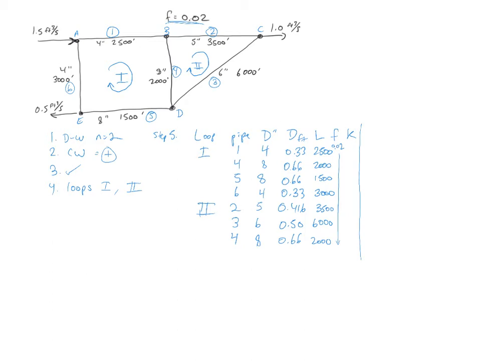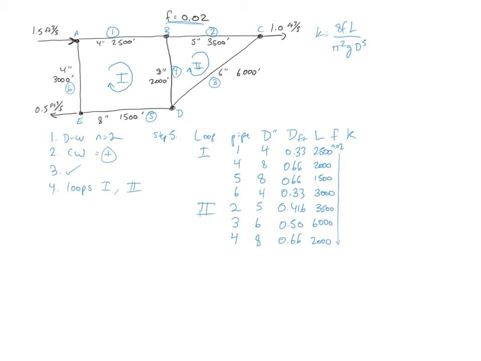And now I can calculate my value of K using the formula that we talked about at the beginning of class. I'm going to write this line a little bit further over here in a minute. So for Darcy-Weisbach, K equals 8FL over pi squared G d to the 5th. And so all those values are here in the table other than G and pi.